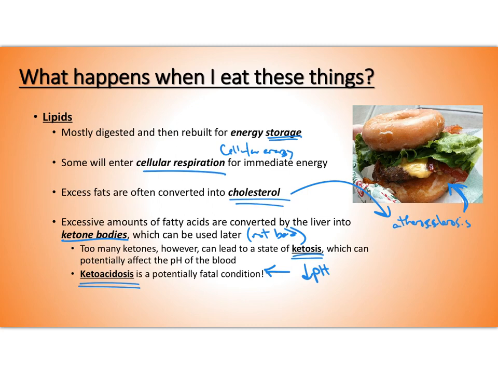And ketoacidosis can cause kidney failure, among other organ issues and organ shutdowns, and can potentially be fatal. So, again, we're talking about some pretty extreme obesity, but it's possible for this to become a really serious condition if there's way too much fat consistently in the diet.